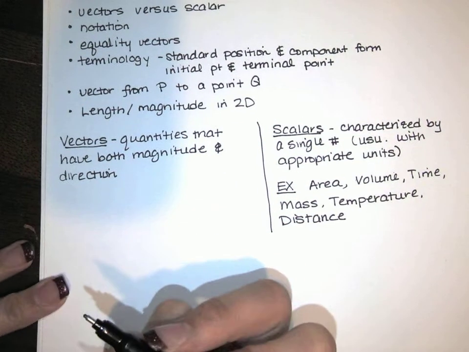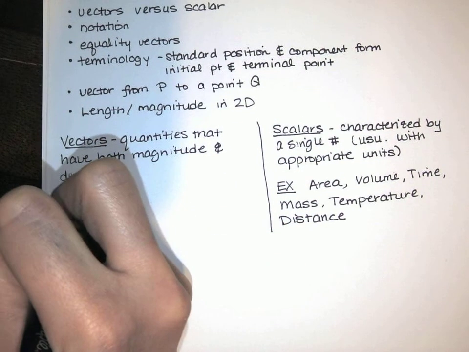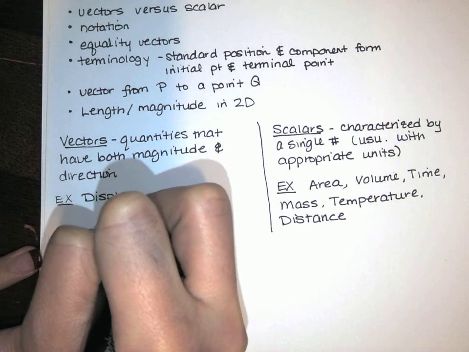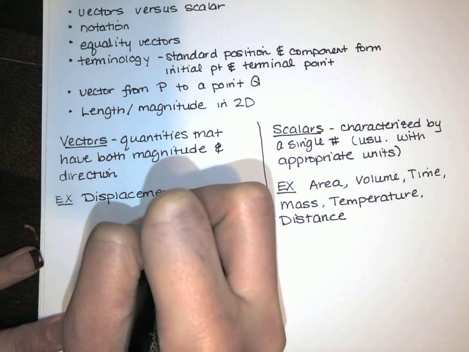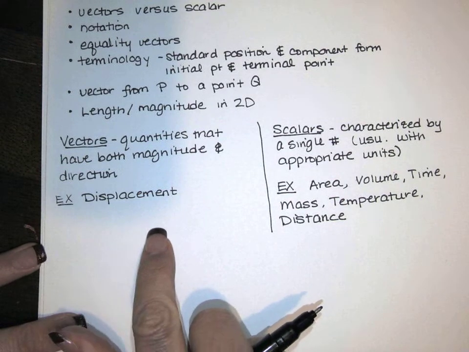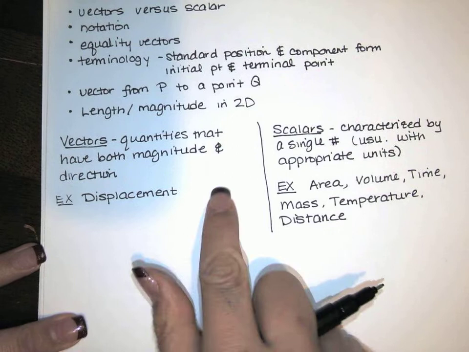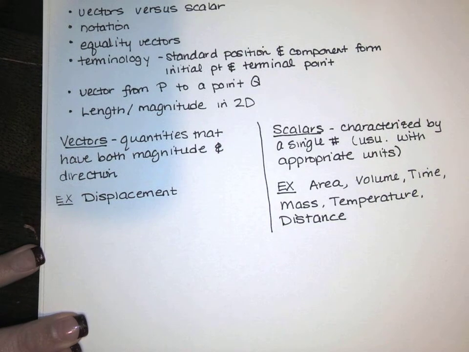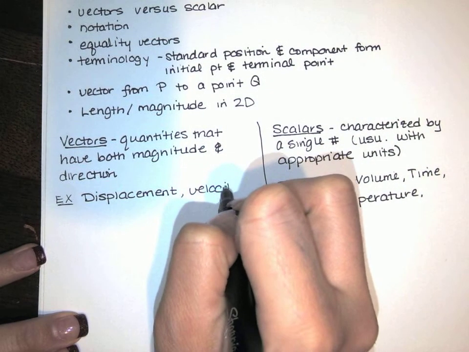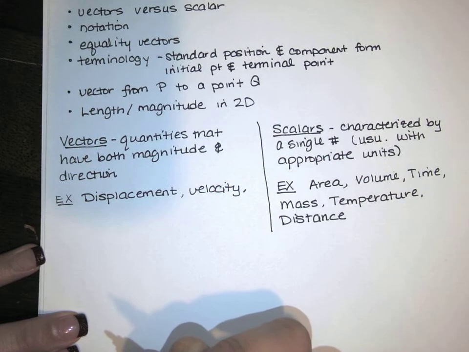Now, some quantities that have magnitude and direction are displacement. It's like distance, but it could be positive or negative, or it could be a vector. You're just going from one point to another. It's a vector quantity. Velocity, here direction matters.